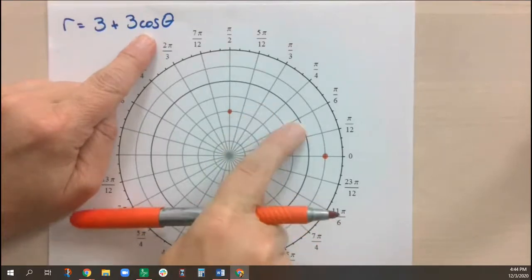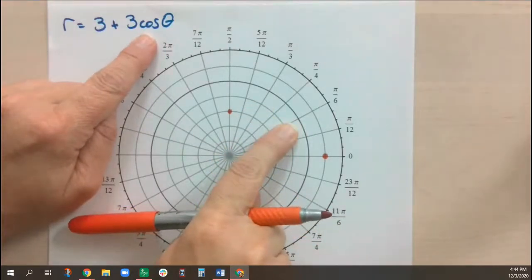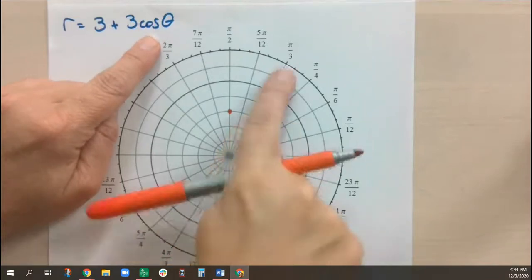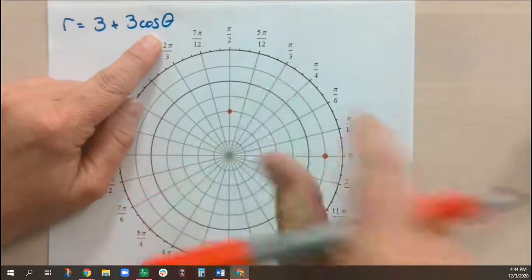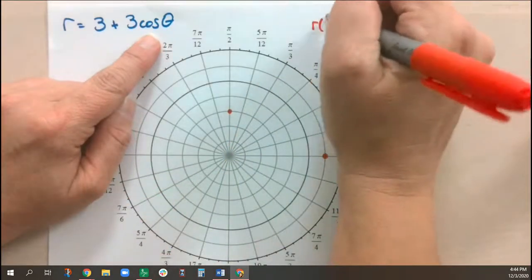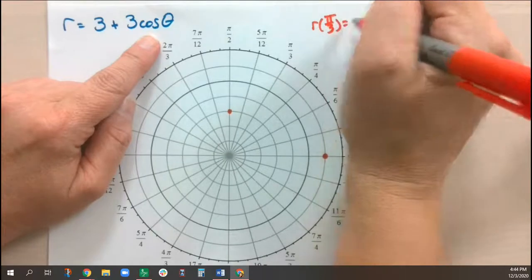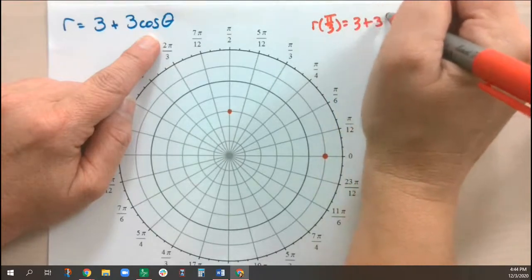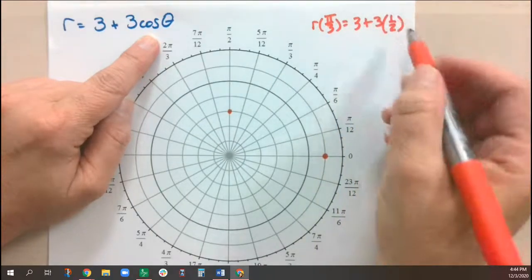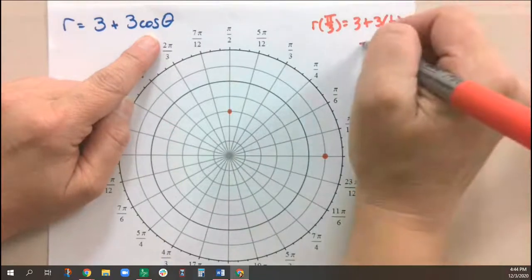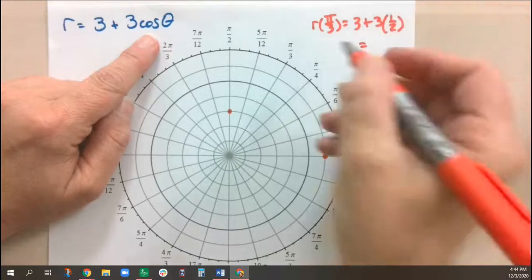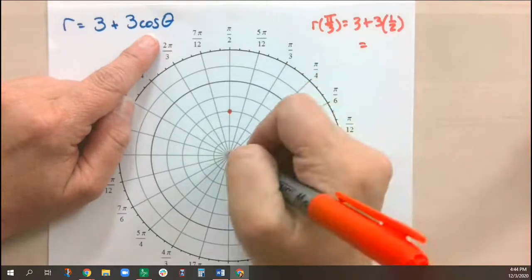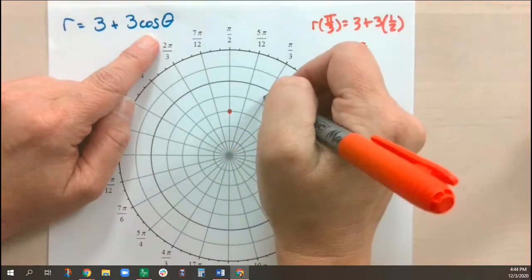Which angle is going to have a really convenient value of cosine theta? Well, that's of course going to be pi over 3, because cosine of pi over 3 is 1/2. And so if I do r of pi over 3, that's going to be 3 plus 3 times 1/2, which would be 4.5. So at pi over 3, I'm going to go out to 4.5.